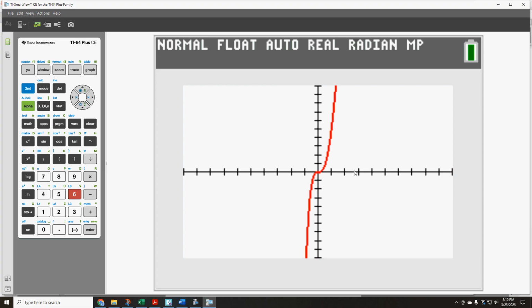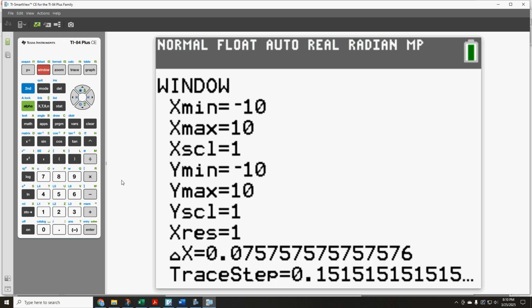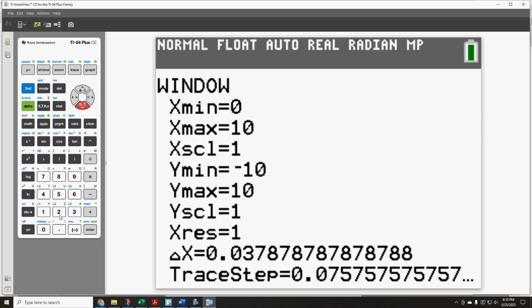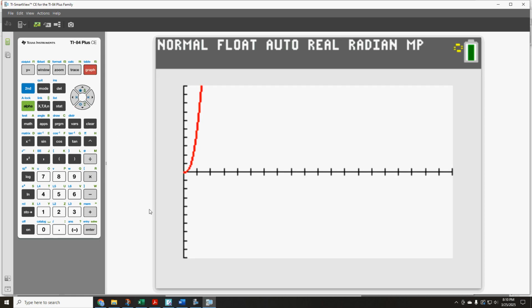So I would start by changing my x-axis, because I don't care about all this negative stuff. There's no such thing as negative time. I want to go from 0 to 20. So I go to my window and I make my x min 0 and my x max 20, and then I hit graph.